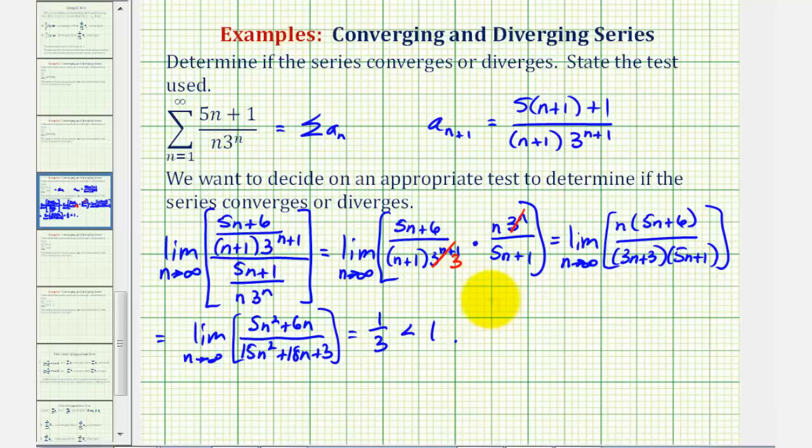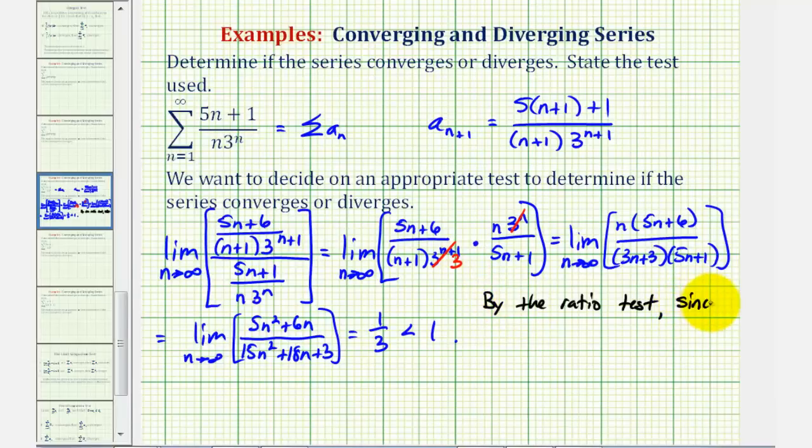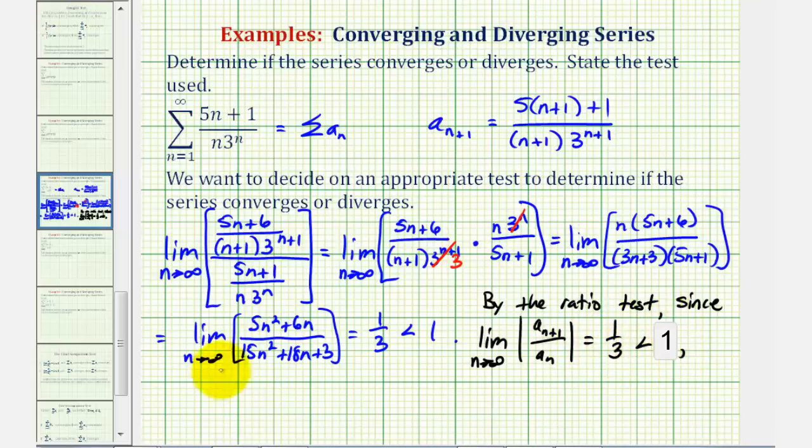So therefore, by the ratio test, since the limit as n approaches infinity of the absolute value of a sub n plus 1 divided by a sub n is equal to 1/3, which is less than 1, the series that we were given converges.